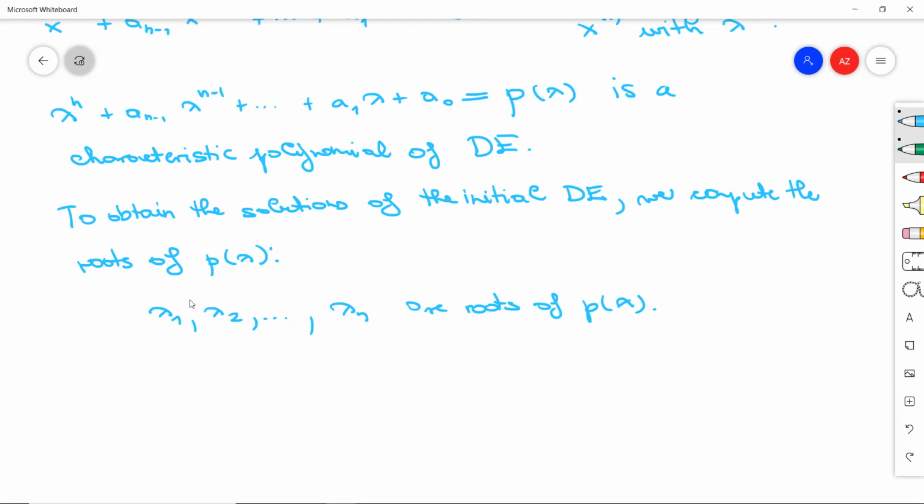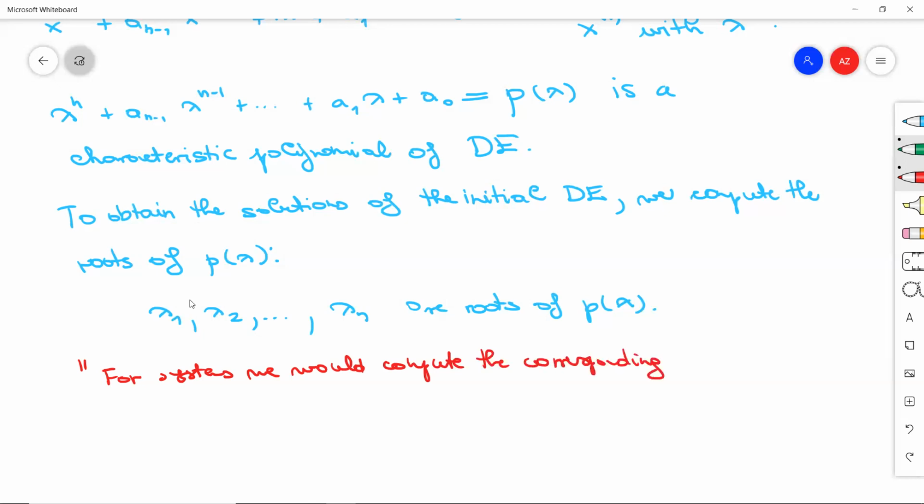So for systems, in parentheses, we would compute the corresponding eigenvectors, v1 up to vn.